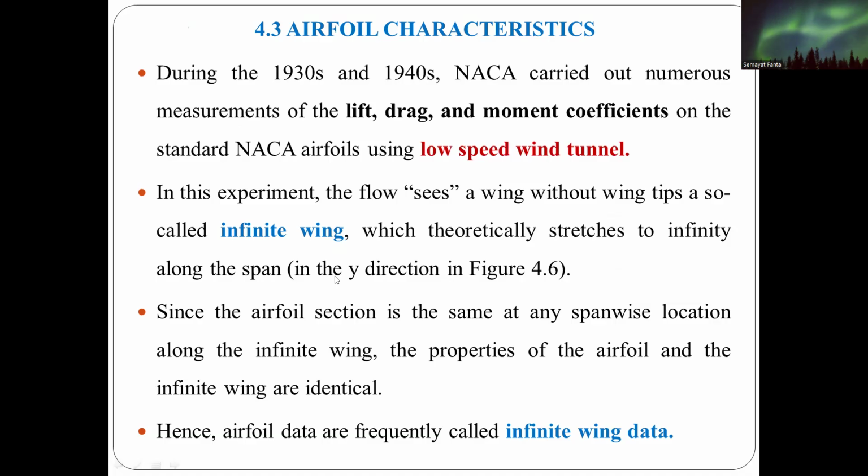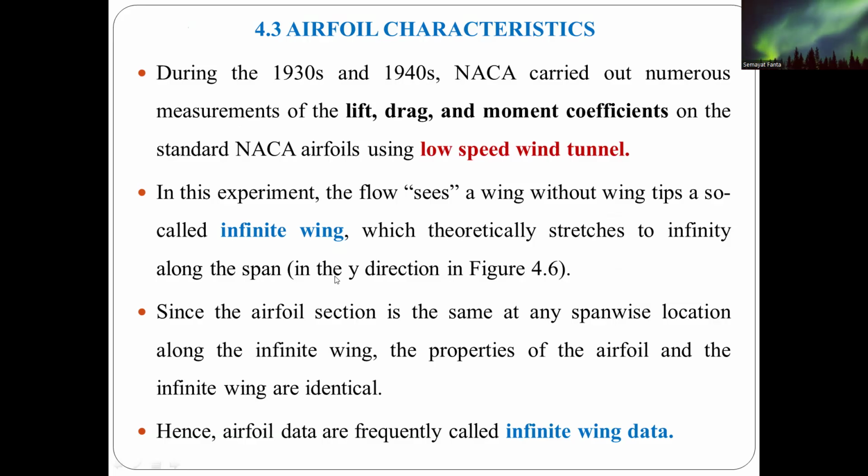So in this experiment, the flow sees a wing without wingtip, which is the so-called infinite wing. So aerofoil is called an infinite wing. Why? Because it is theoretically stretched to infinity along the span in the y direction.